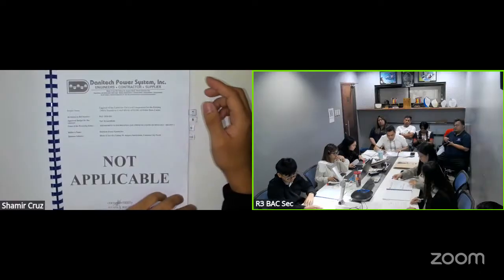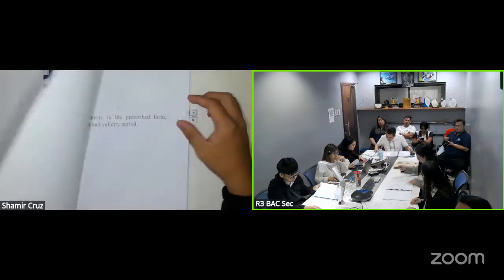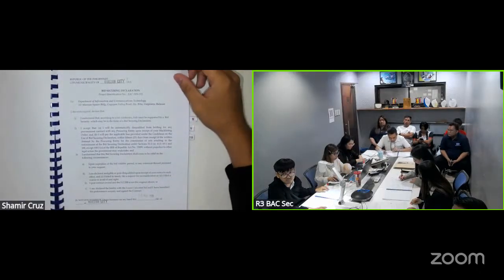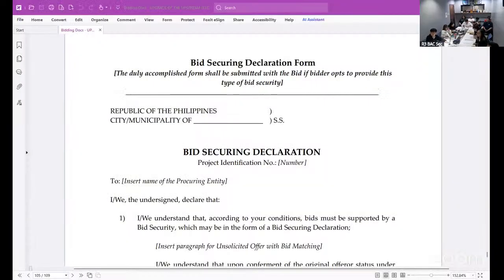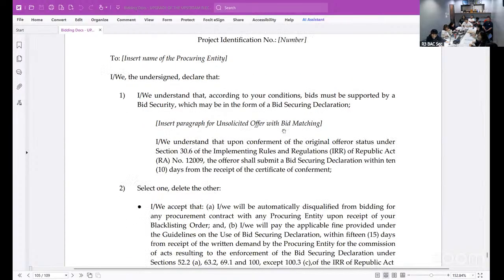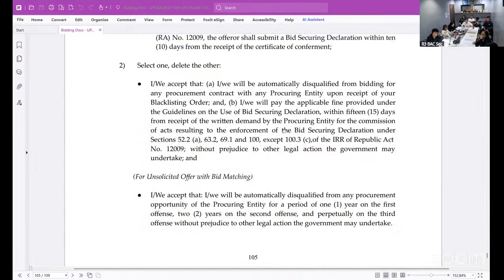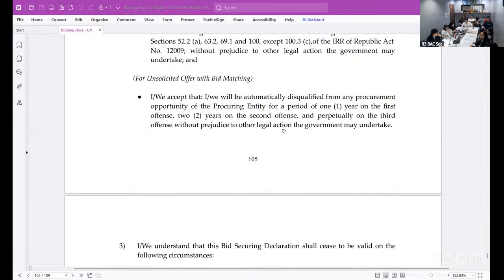Next is the bid security in the prescribed form. The bidder attached a bid securing declaration.